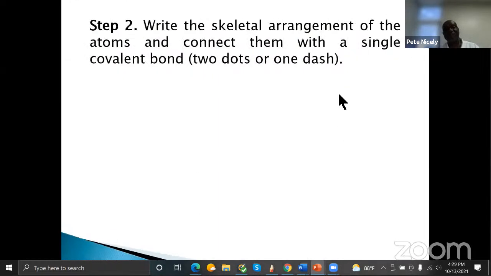So that's the first step. The second step is that you write a skeletal arrangement of the atoms and connect them with a single covalent bond. Now, you can use either 2 dots to represent a bond or 1 dash, because remember, 1 dash or 1 line is the same thing as a pair of electrons.